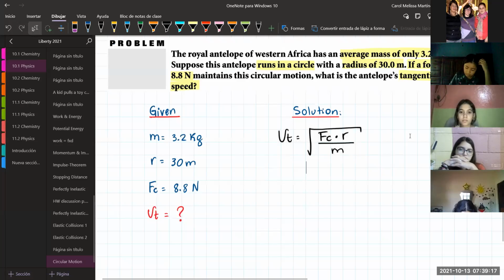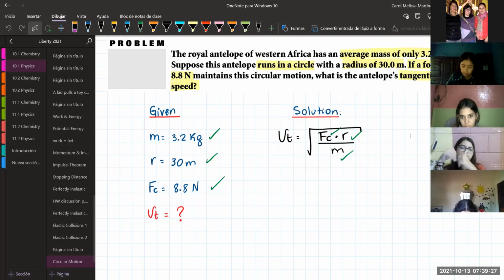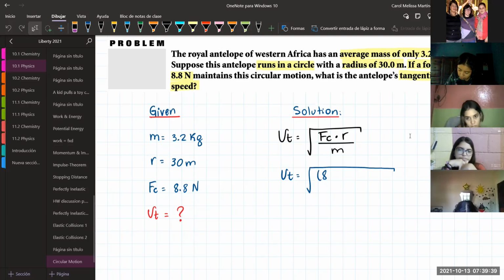Okay, this is the equation for tangential speed. Just check that you have everything: mass and mass, radius and radius, force and force. So you have everything you need to get it. All you need to do is plug in the givens. So tangential speed is equal to the square root of 8.8 Newton times 30 meters divided by 3.2 kilograms.